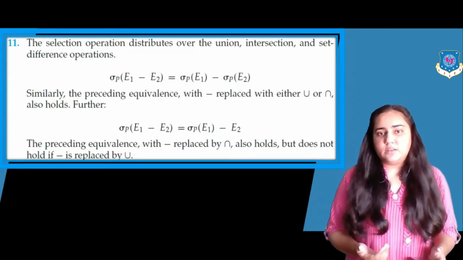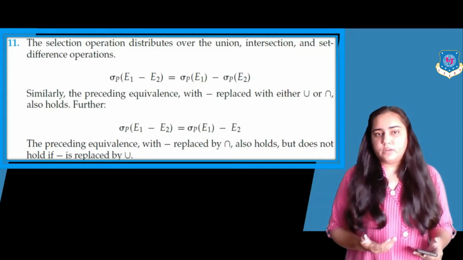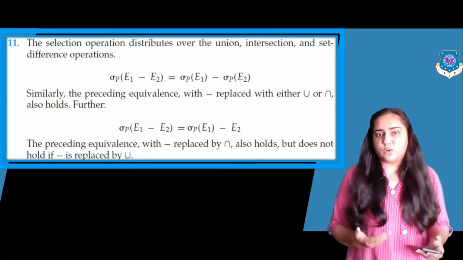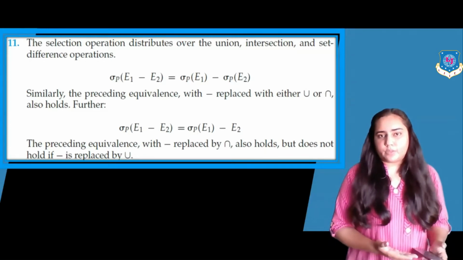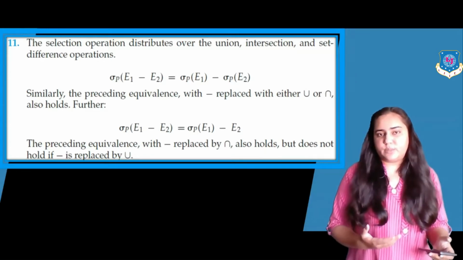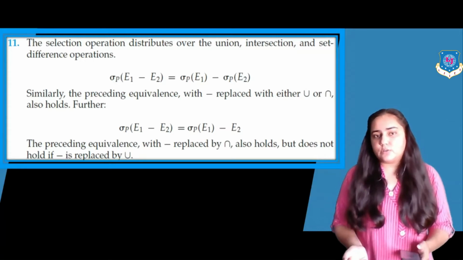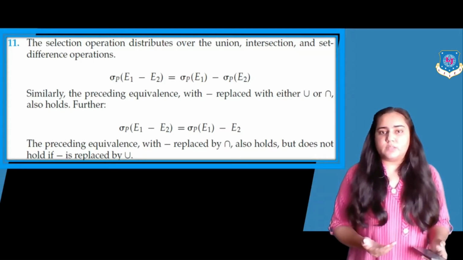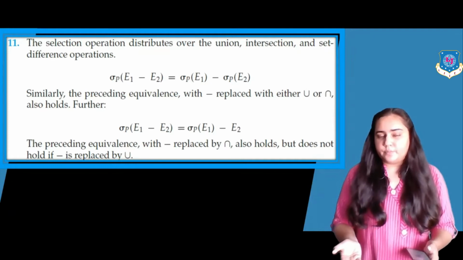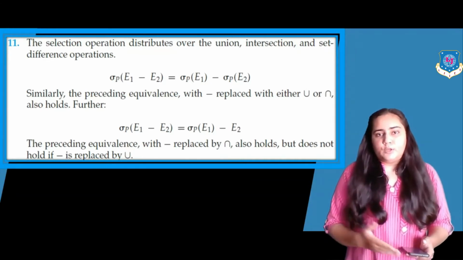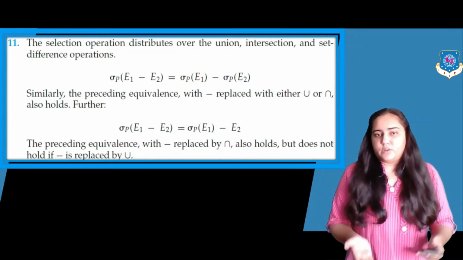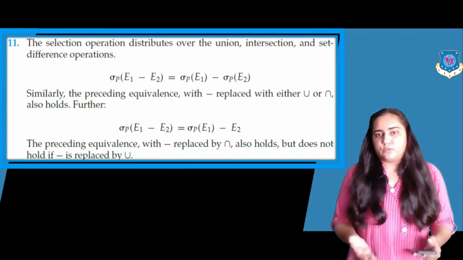This can be done only if you do not have any columns of E2 present in P, which means the condition being applied on E1 minus E2 uses only the columns that are present in E1 and not in E2, so you don't need to apply the condition on E2 at all. In this case, you can apply it only on E1 and then subtract E2 from it.